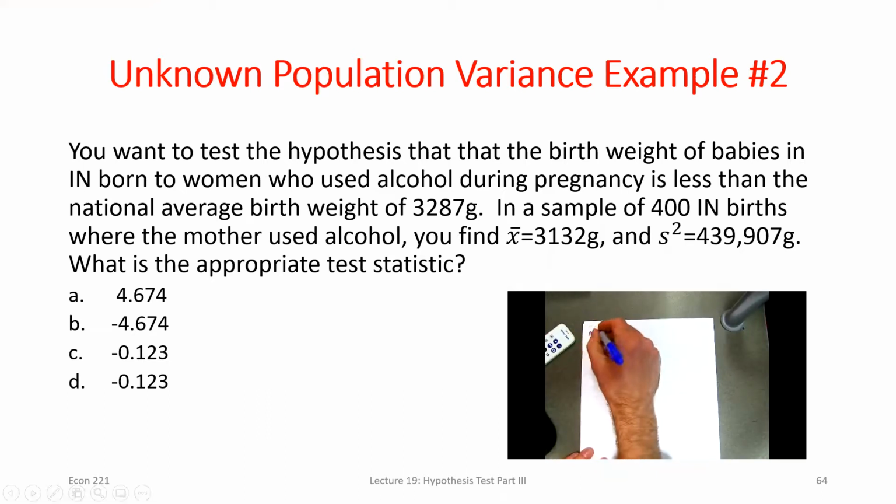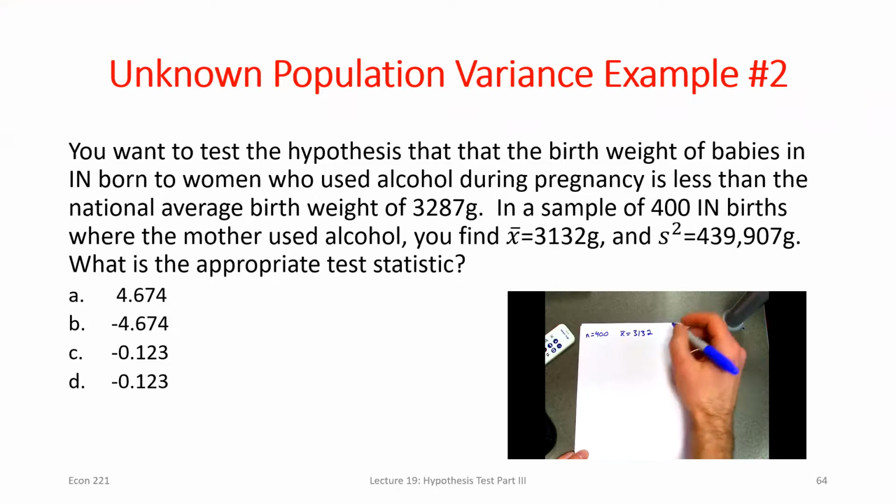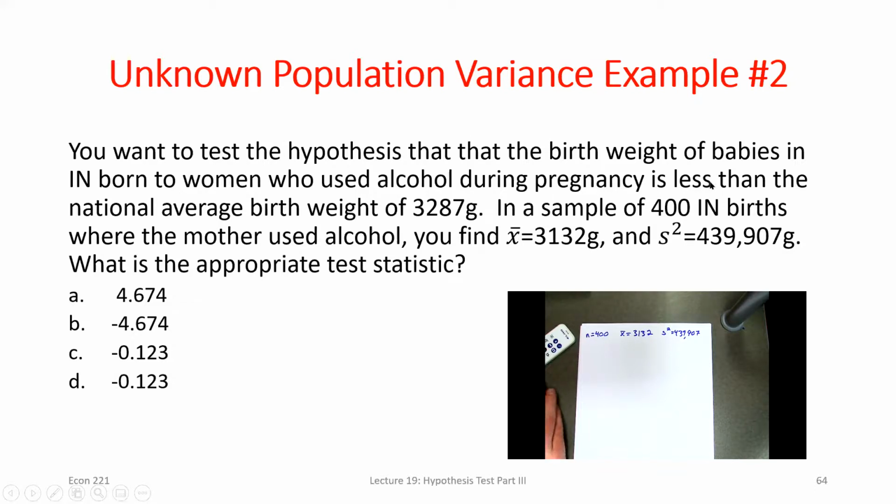I take a sample of 400 births, so I know my sample size. I find the sample mean birth weight from that sample to be 3,132, and I calculate this sample variance. That's all I have. I wasn't given a known population variance. It's like 439,000. What I want to test for is whether or not women who use alcohol during pregnancy have a birth weight less than the national average of 3,287.